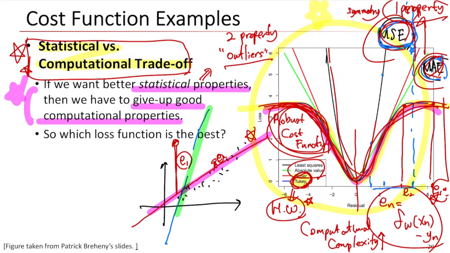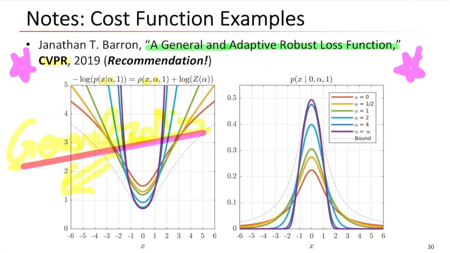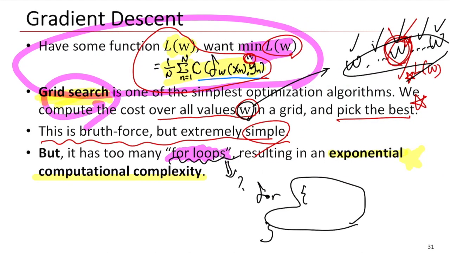So there is a trade-off between statistical and computational properties. So yeah, that's a robust cost function. I suggest you read this paper to understand what a robust loss function is compared to the conventional MAE or MSE.